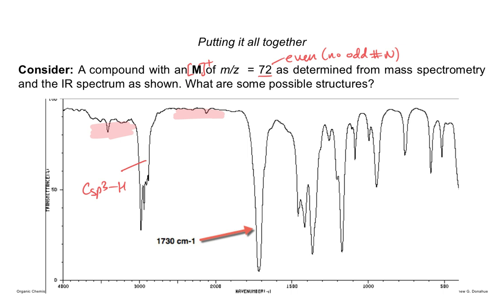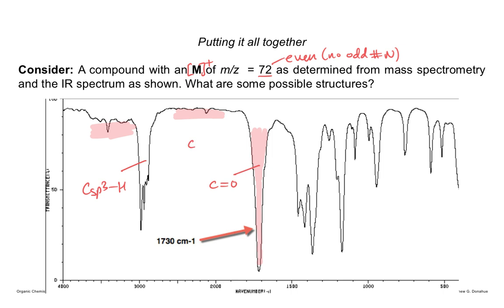However, in region 3 at 1730, there's what we now know is a signature for a carbonyl, so a C=O double bond. And so that's helping us formulate a molecular formula. We know we have C, we know we have H, and now we know there's an oxygen.